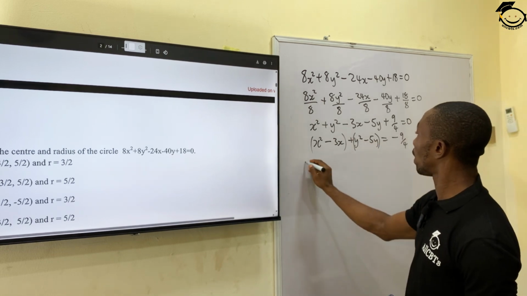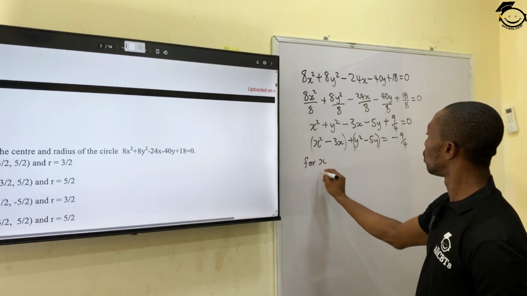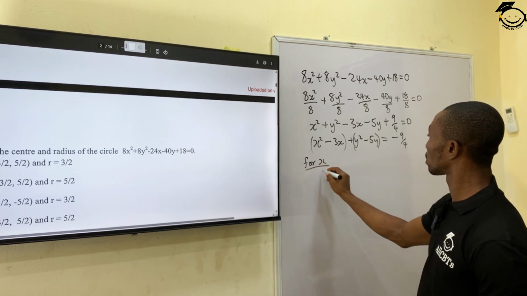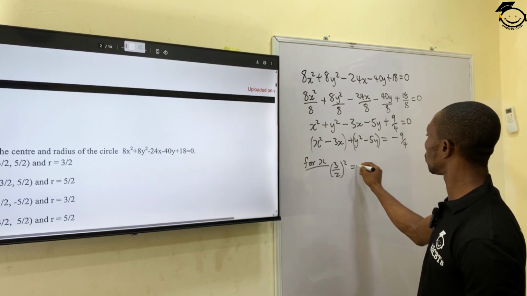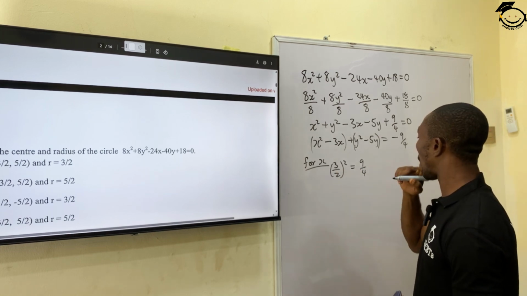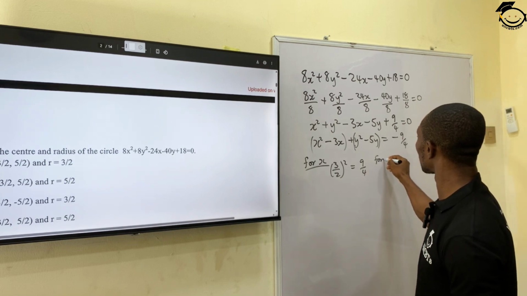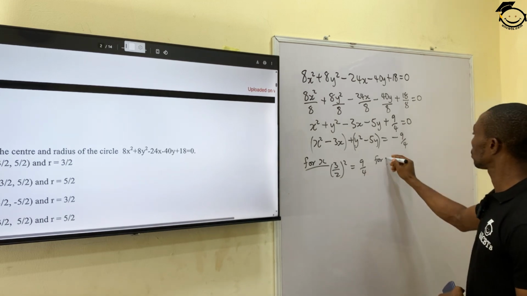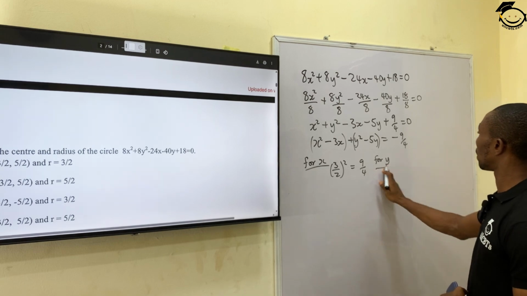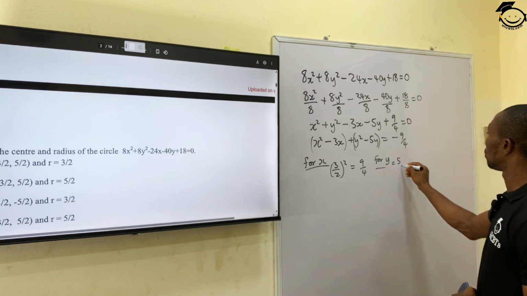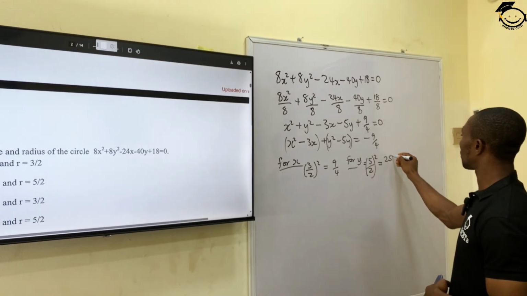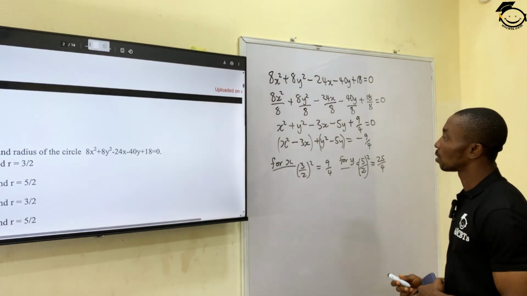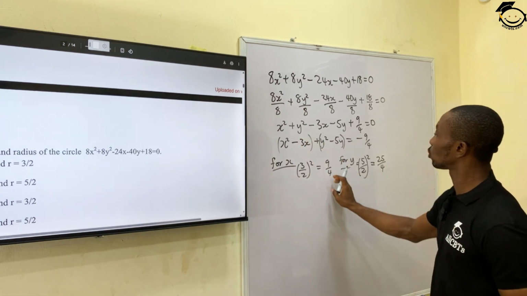So for x, we are having our coefficient as 3 over 2 all squared, which will give us 9 over 4. And for y, we are having our coefficient as 5 over 2 all squared, which will give us 25 over 4. Okay, so for x, we are going to add 9 over 4 here.